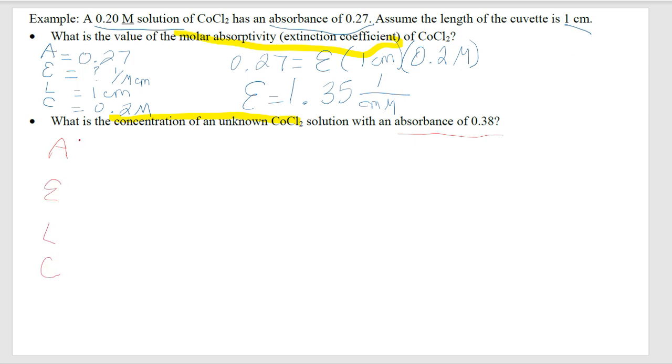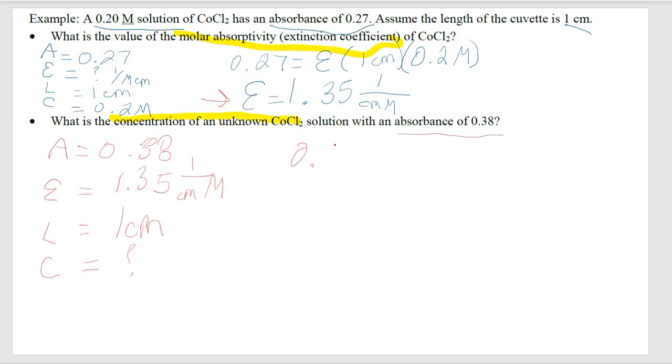We have absorbance this time of 0.38, and remember there's no unit for absorbance. Our extinction coefficient, we just solved for it, 1.35, and it's 1 over centimeters times molarity. Our length hasn't changed. Most cuvettes are 1 centimeter. And now we're trying to find the concentration of this new solution.